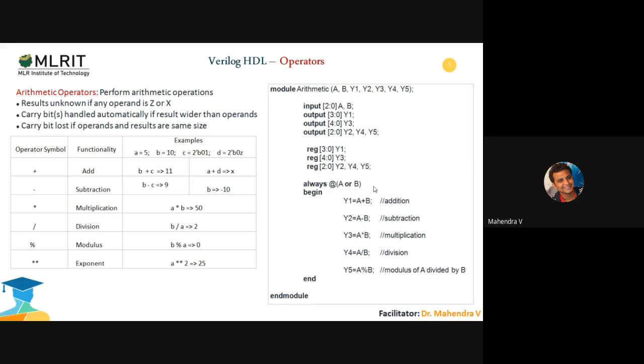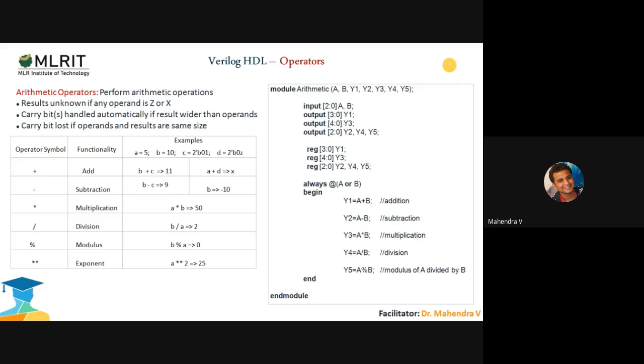Here we kept all these things in the always construct. Always is a procedural block in Verilog HDL, and whatever statements we write inside the always procedural block are all sequential. In general, all the statements we write in Verilog HDL are concurrent.